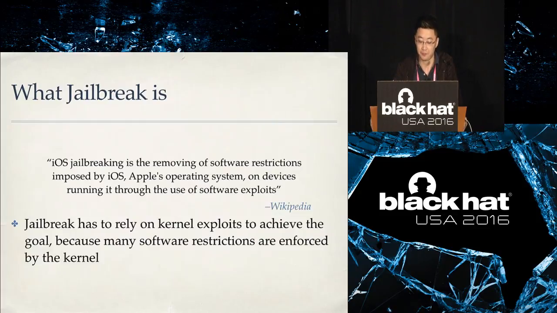So basically, jailbreak has to rely on kernel exploits to achieve the goal, because many such restrictions are enforced by the kernel. In other words, one very important thing for jailbreak is to do the kernel exploits.